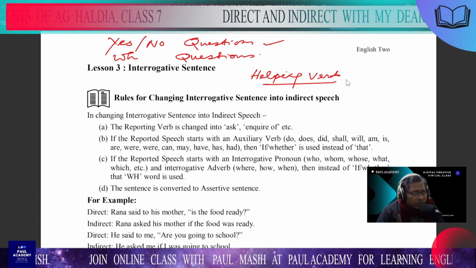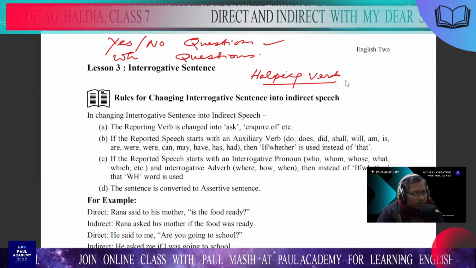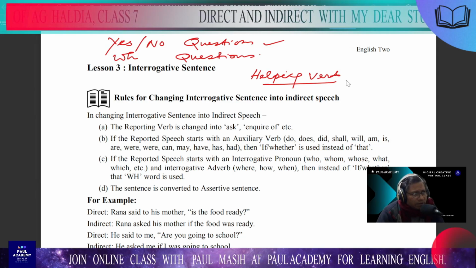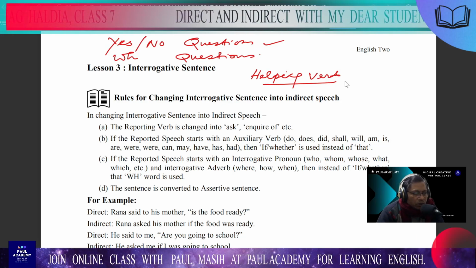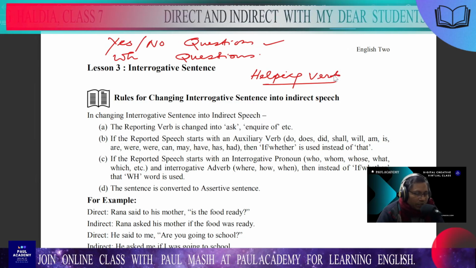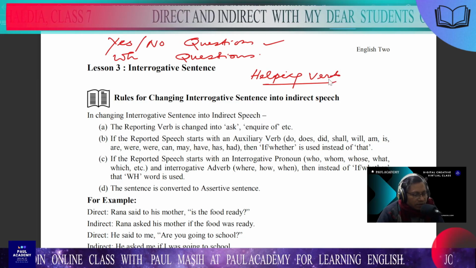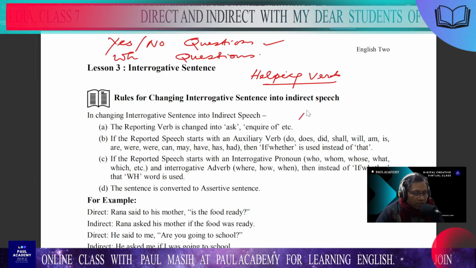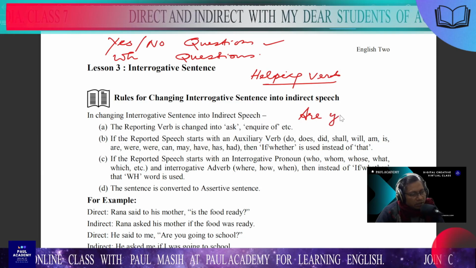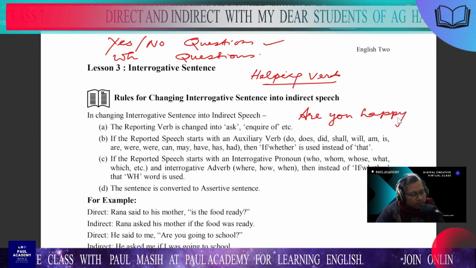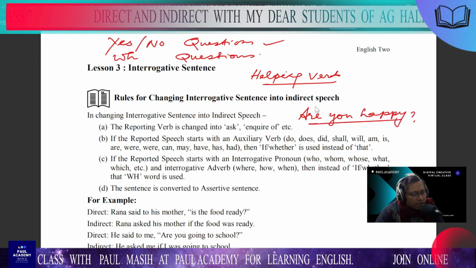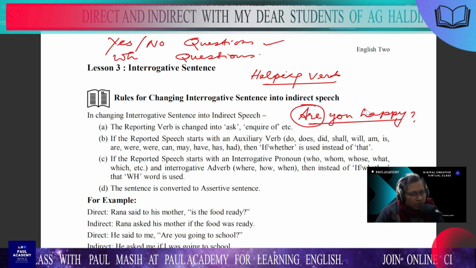So, be verbs, do verbs, have verbs, and modal verbs, they all together are called helping verbs. Now, we use them to make sentences. For example, are you happy? It is an interrogative sentence and the answer will be either yes or no.